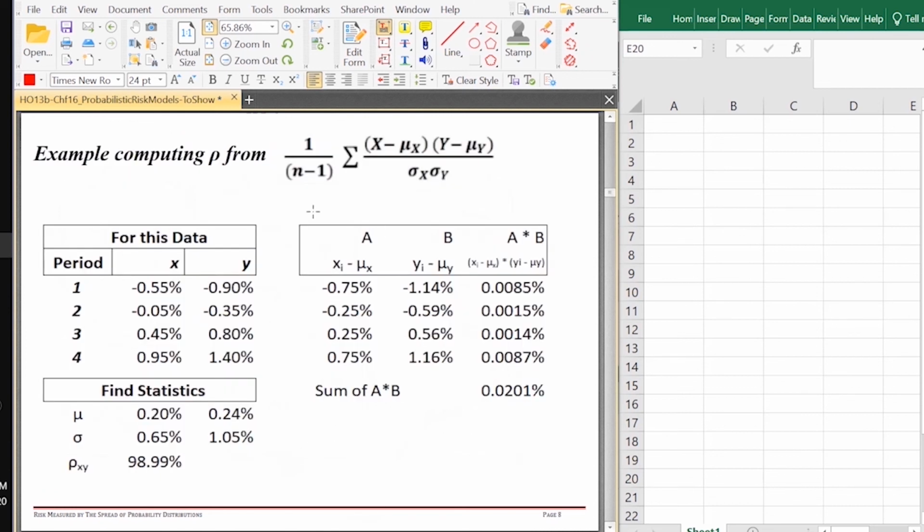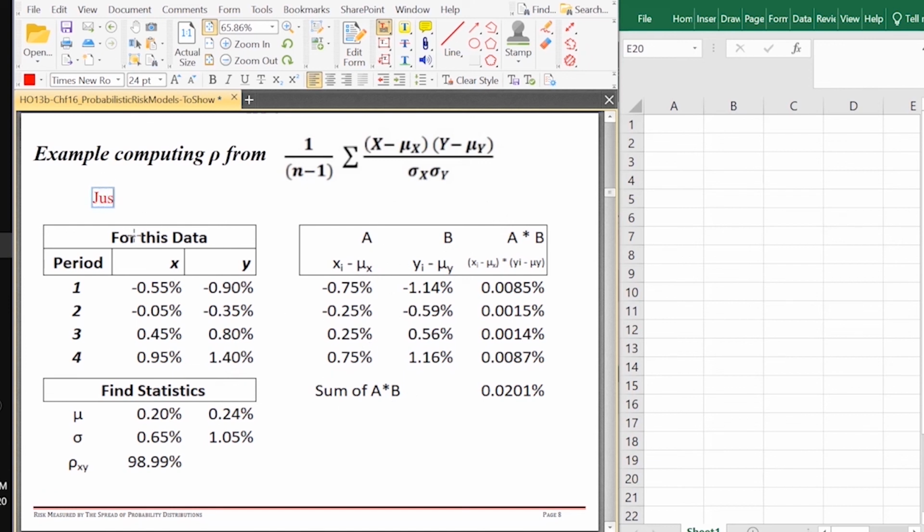And here I just want to show you that it is possible to compute rho, and so I've got some data on the returns of stock X and stock Y, and I've just got 4 periods here. In the real world, of course, we'd want 30 or more periods, but I just literally didn't want to drive myself crazy computing this, and I wanted something easy to show you. And so I've got my formula here, and you can see over here, if you want, you can check out how I did get to the correlation coefficient from this.